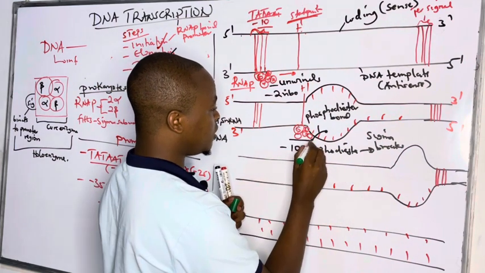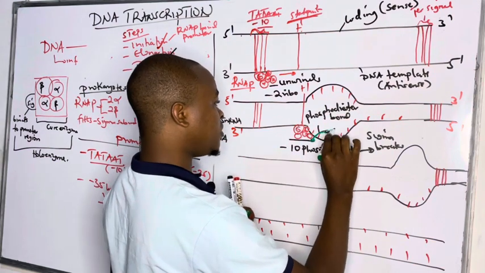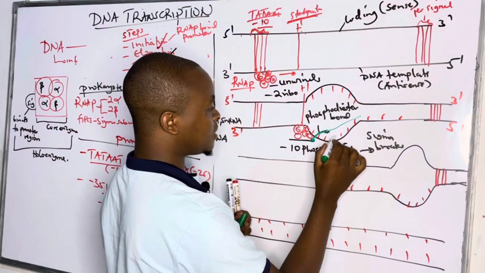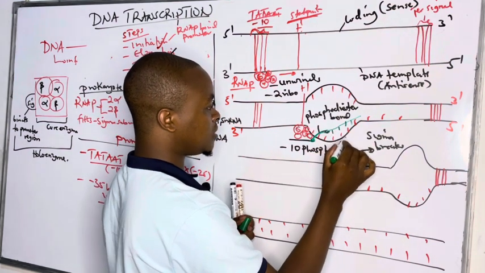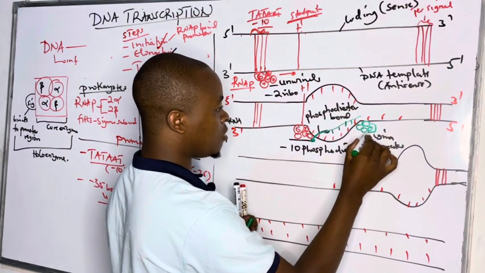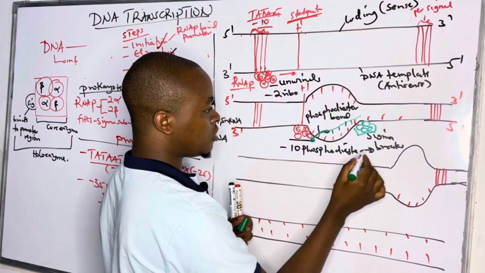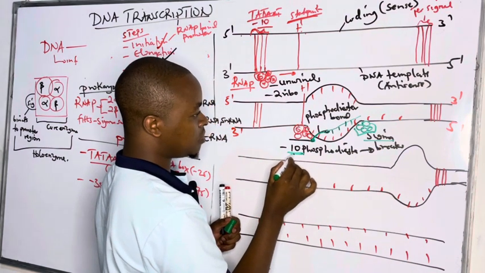So if this was the first phosphodiester bond, it's going to keep reading the base pairs on the template strand, adding the complementary base pairs. It continues to move along with its core enzyme, remember, because the sigma subunit breaks away after 10 phosphodiester bonds.